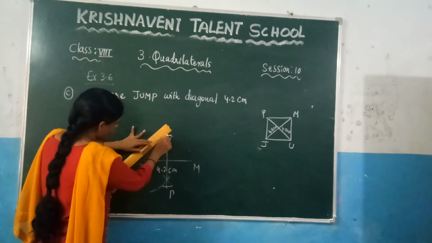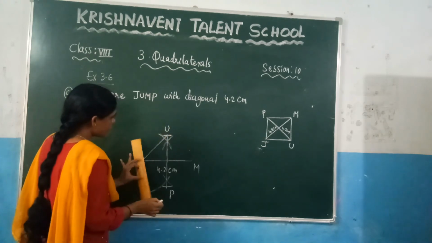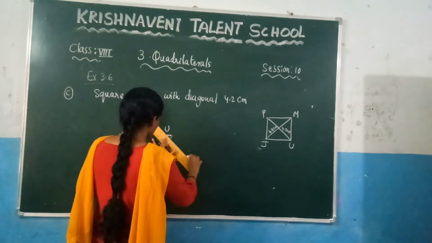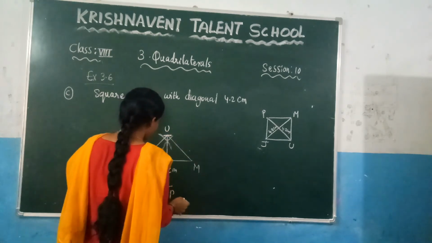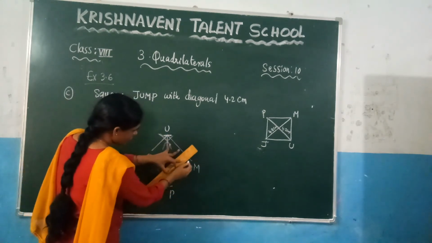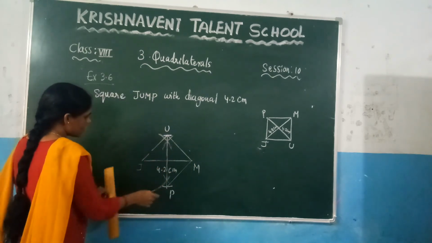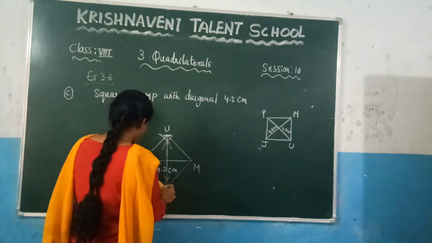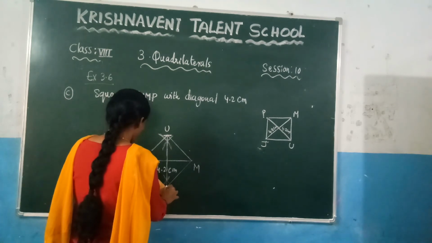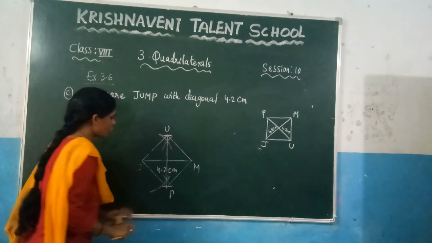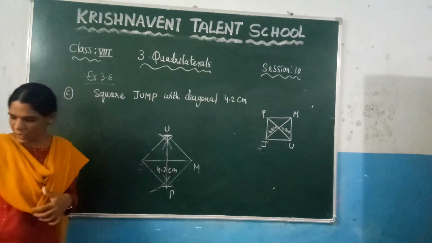So join JU, and similarly join UM, and here also join MP, and after that join JP. So here we have constructed a square.